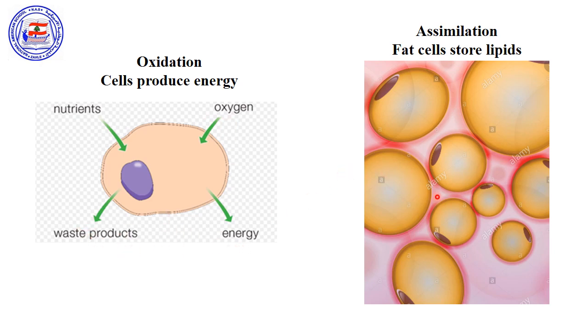However, in the second picture, these are fat cells. As you all know, fat cells store fats, or lipids. How? Due to assimilation. These cells absorb fatty acids and glycerol from the blood, and in the presence of energy, lipids are formed.